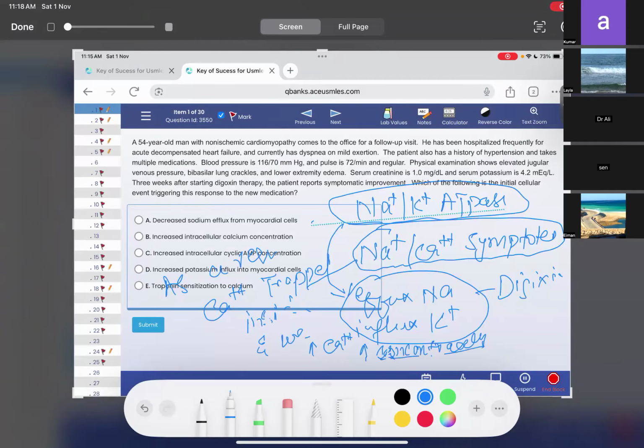By this mechanism, digoxin usually works. Are you clear, everybody? Anyone with a question?